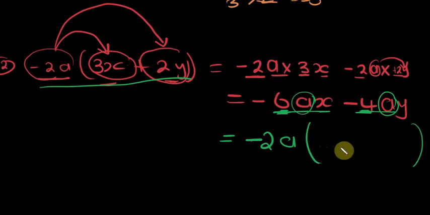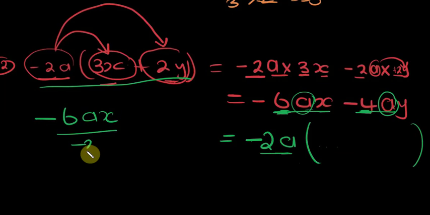To find out what we write here, we just need to find out how many times minus 6ax is divisible by minus 2a. So a and a cancel out, negative and negative cancel out. 2 into 6 goes in 3 times, so the answer is 3x.